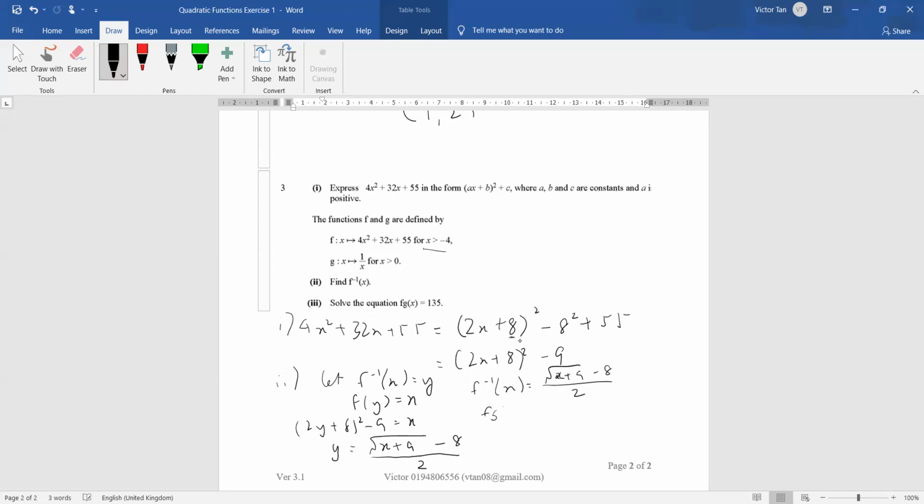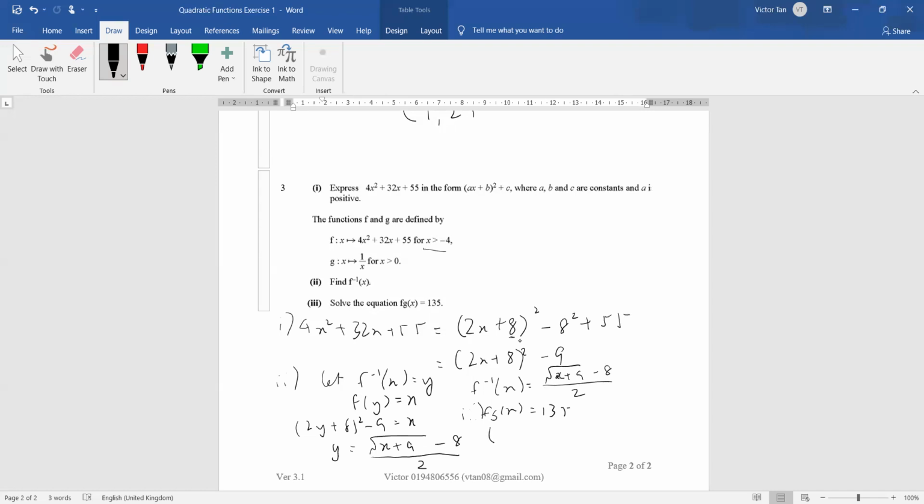Okay, solve fg(x) is 135. So fg(x) equals 135. g(x) is 1 over x, so put 1 over x into f.